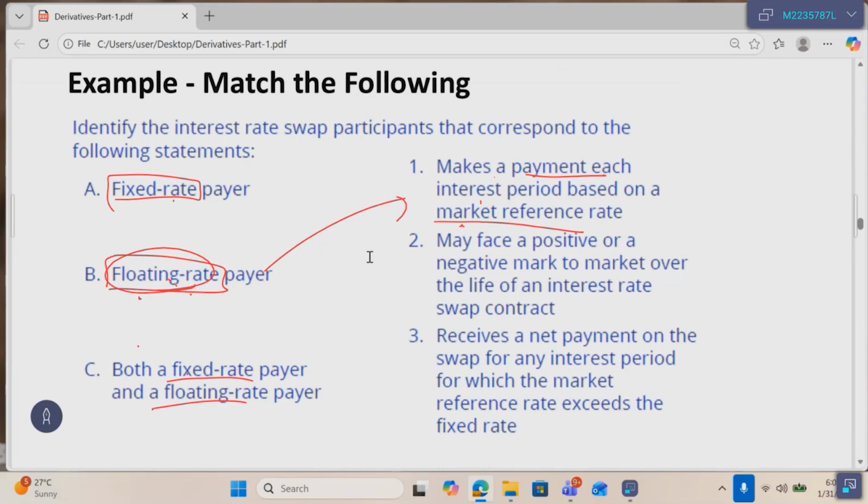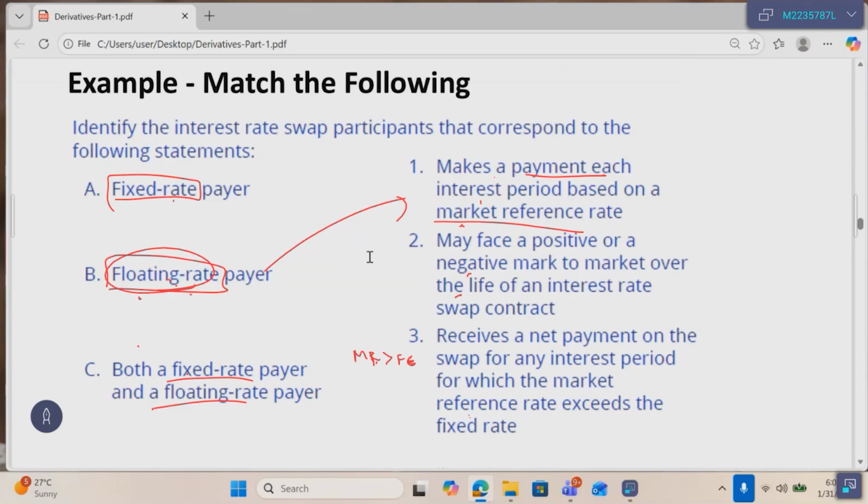Both of them may face a positive or negative mark to market over the life of an interest rate swap contract, or do they receive a net payment on the swap for any interest period where the market reference rate exceeds the fixed rate? Here I'm saying the market rate is greater than the fixed rate.